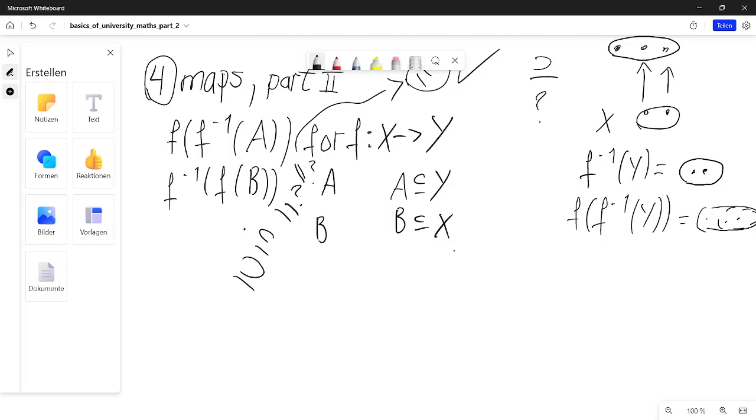So we take any element X in here, and the pre-image is defined as the set of all such elements X, such that f of X is in f of B. And then the question would be, if f of X is in f of B, would it then be true that X is already in B, if we consider this direction, right?